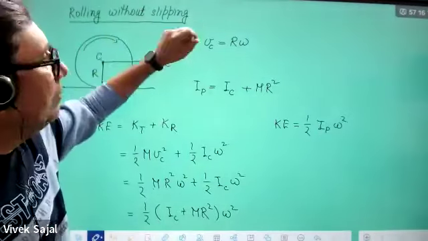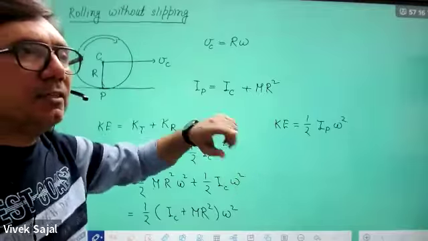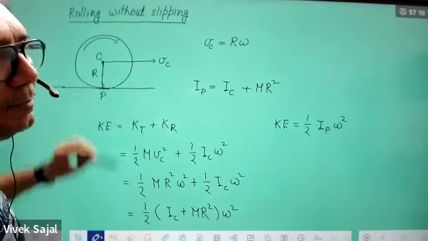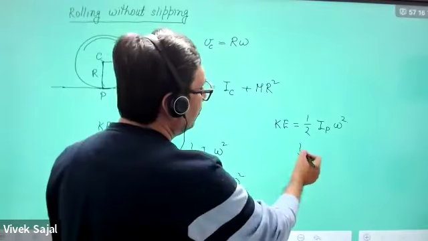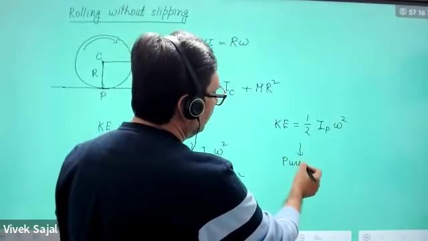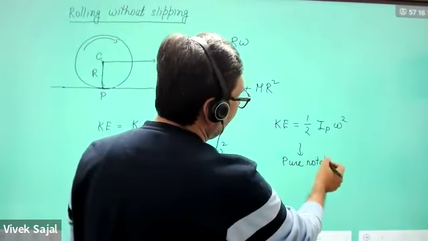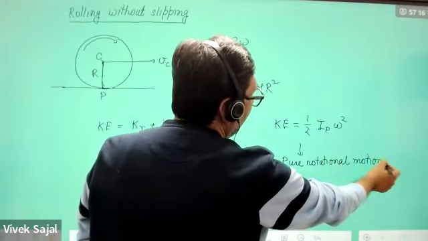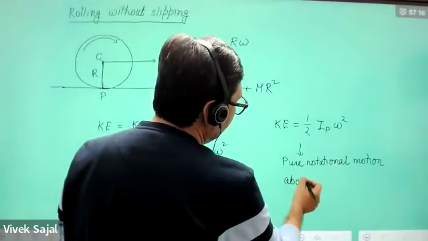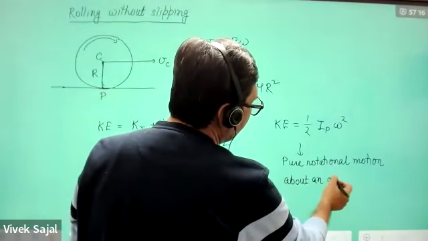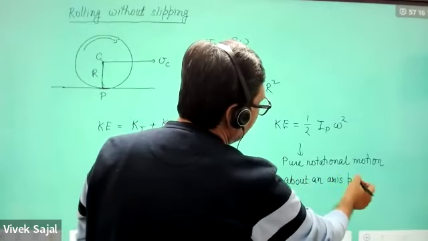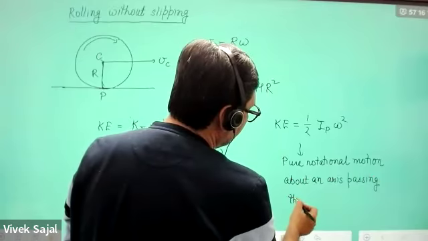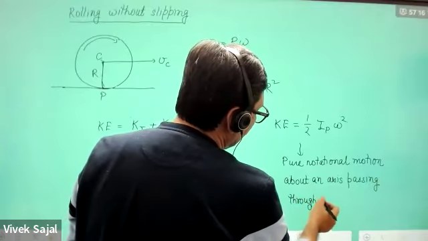So basically this type of rolling without slipping motion can be considered as pure rotational motion about the axis that is passing through this point P. So that's why this is pure rotational motion about an axis passing through point P.